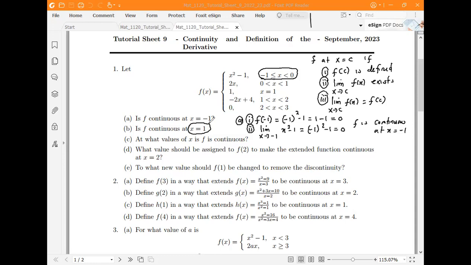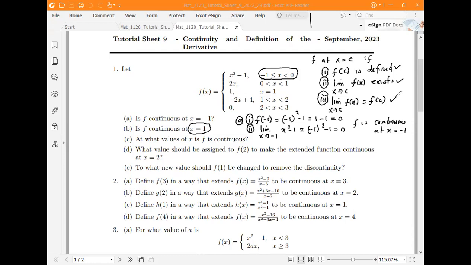So it's defined, it exists, and the values are equal. So it's continuous. When it's defined, it gives you a value. When the limit exists, it exists as a value. Then you compare the two values. If the two values are equal, then f is continuous there. Okay, thank you.